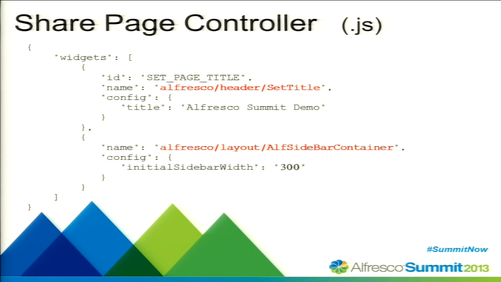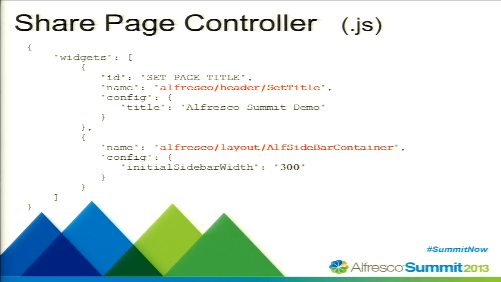So here's what some of the JSON looks like to actually set up a page. What you do is you set up an array of widgets that are pulled into the page. So these are all loaded as Surf analyzes the page. They're included by name, like you can see here. So I've got one that has the title on it. I've got another one that has a sidebar container.